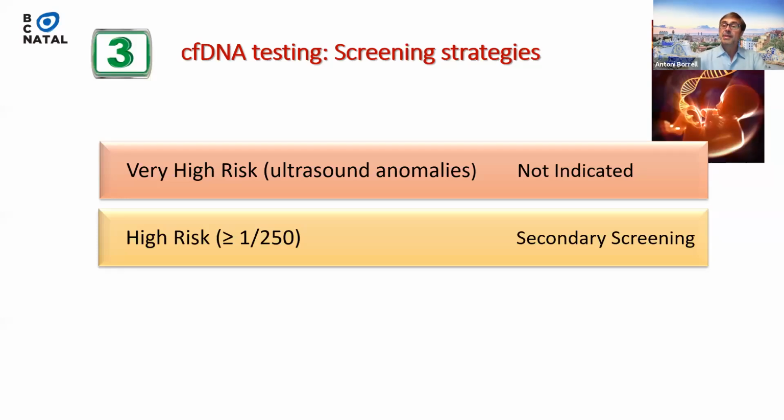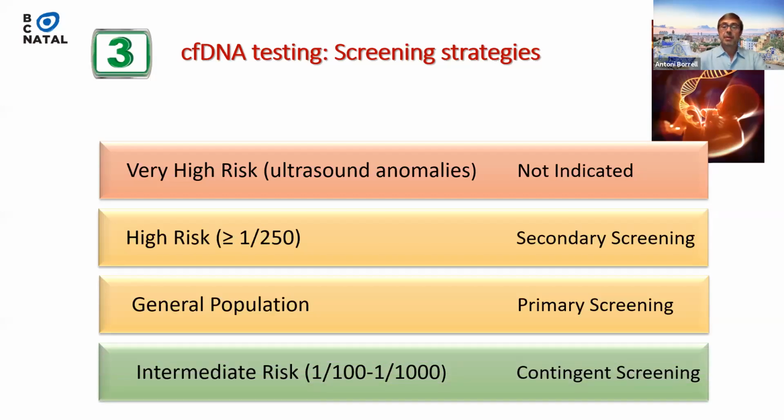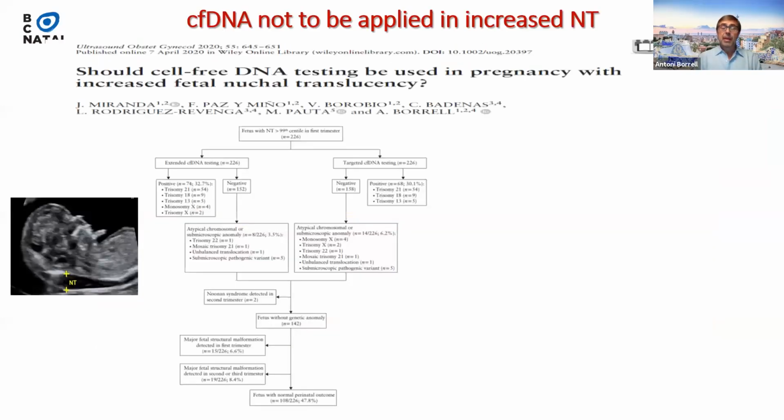This is called secondary screening because this is the second screening after the combined test. We can use it instead of the combined test as a primary screening in the general population, or we can use a contingent screening that we will explain a little bit more in intermediate risk.